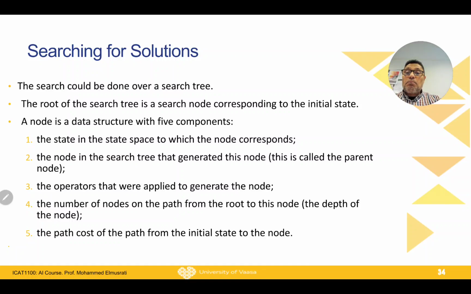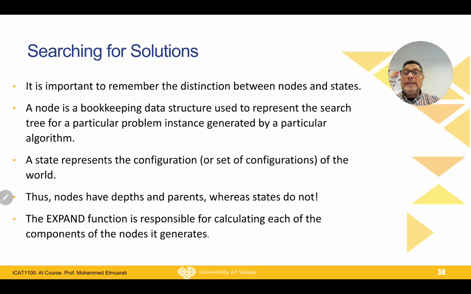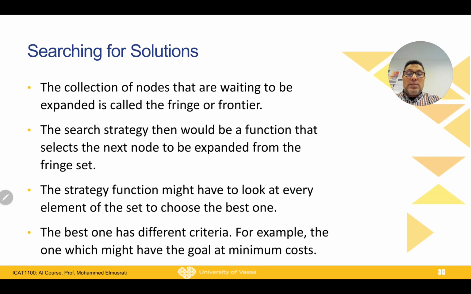Okay, searching for the solution. Now we talked about state and what is state and node. And of course, it is important that you read the slides. I am trying only to give the main concept of the topic.